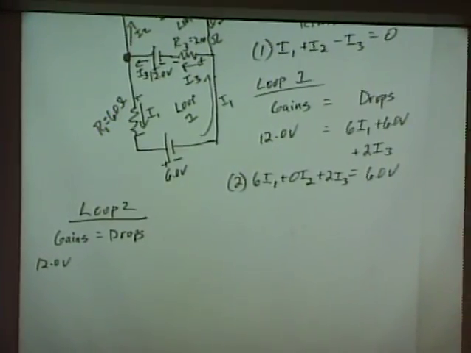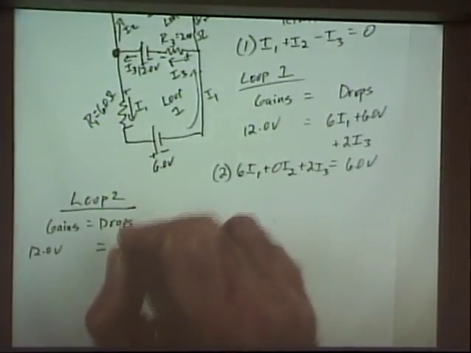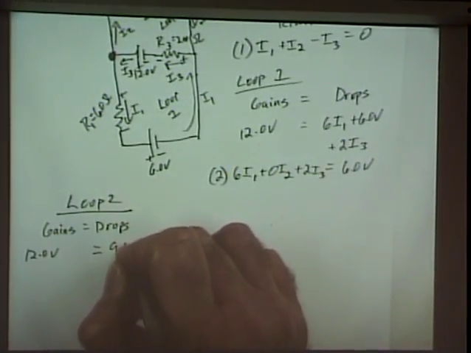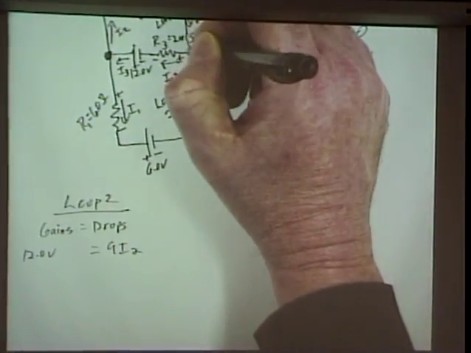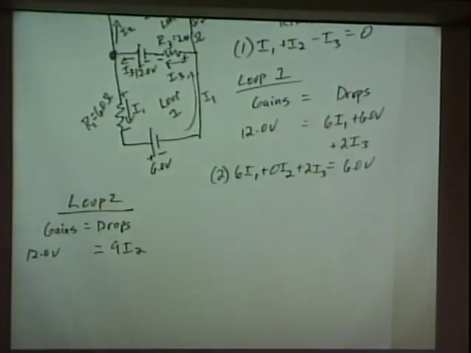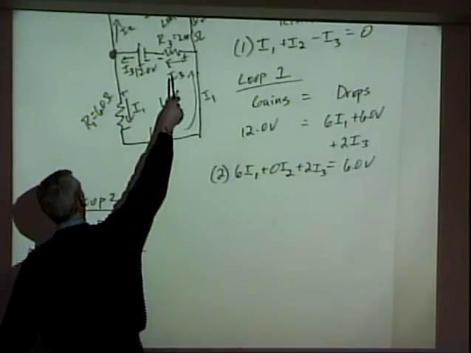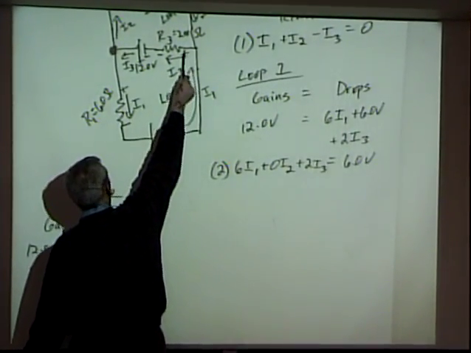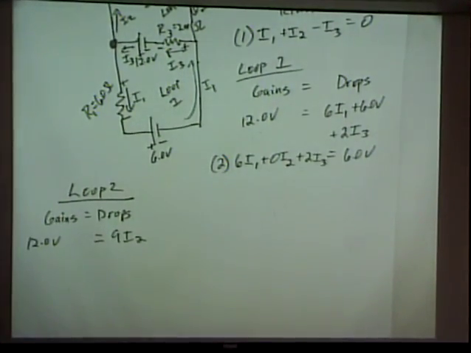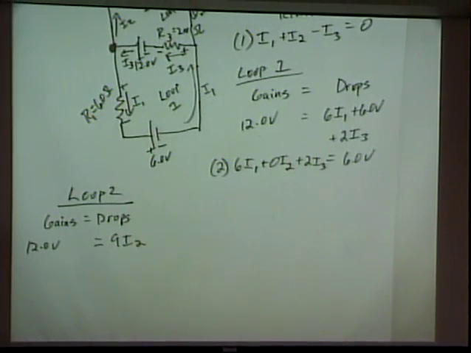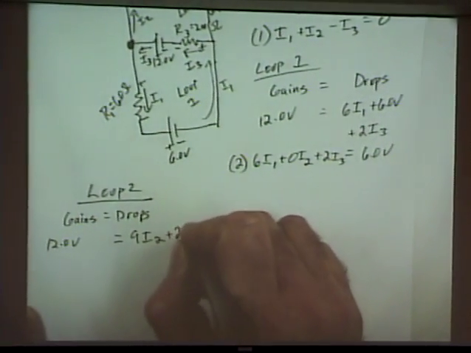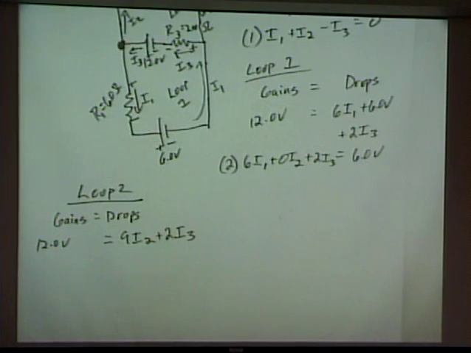So the drop will be 9I2. It's going to come on around here, and then it's going to drop. Anyway, so it's going to go plus to minus. And it's 2 ohms. 2 times I what? 3. Plus 2I3. Okay?